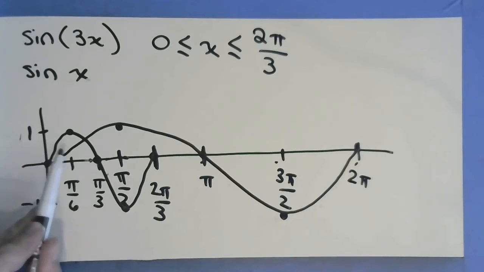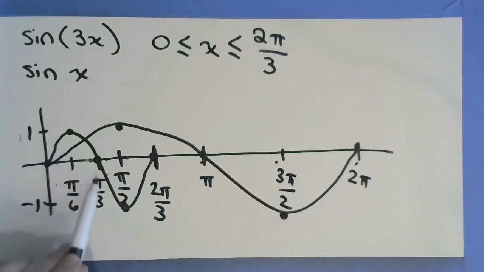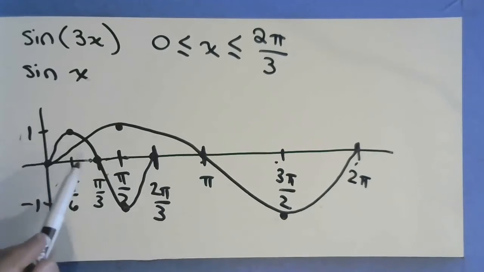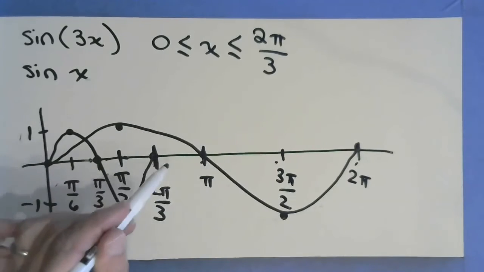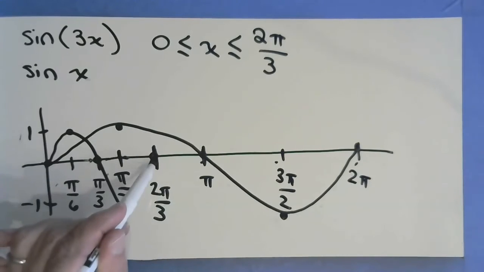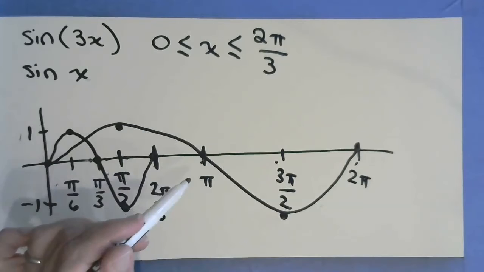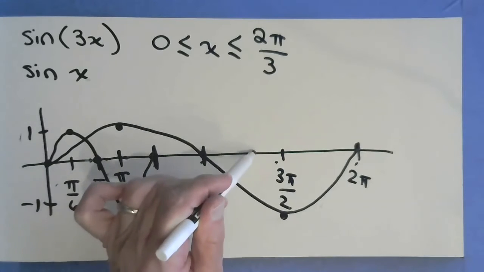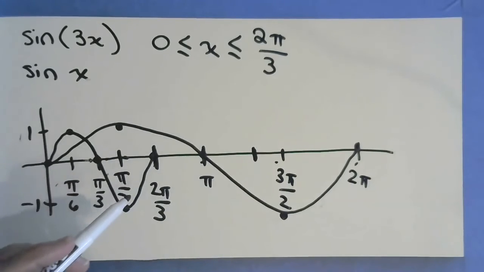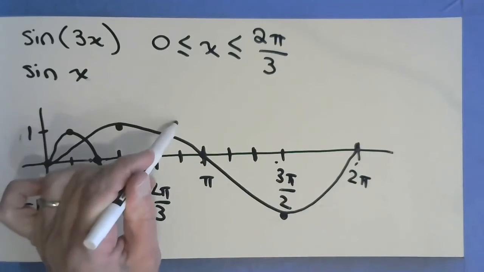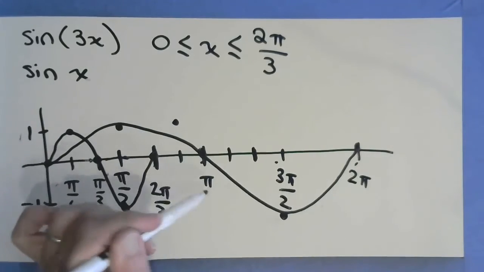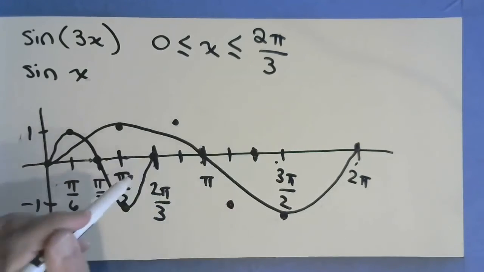Now we need to finish this graph to go all the way to the end to match this one. If we were told to graph both of them from, say, 0 to 2 pi, well, then the next one is 4 pi over 3. We need to go 2 pi over 3 and double that, so that's 4 pi over 3. So that's about here. So we mark that distance there, and we say 0, up, 0, down, 0.